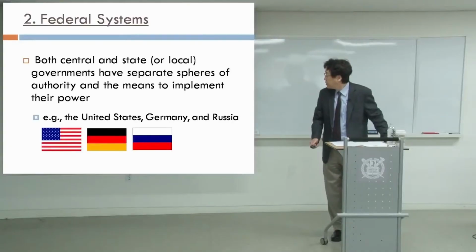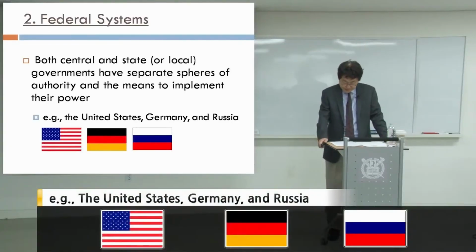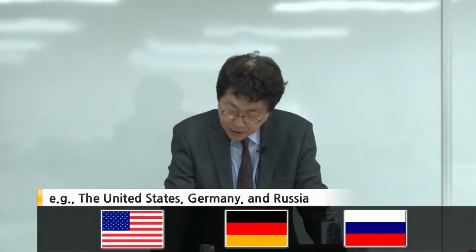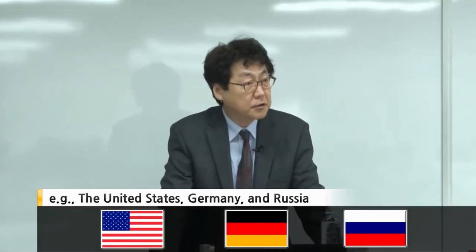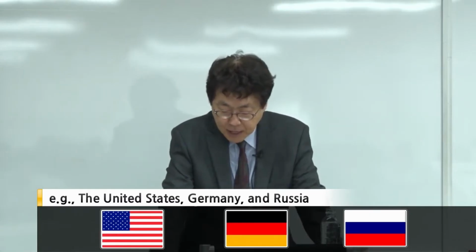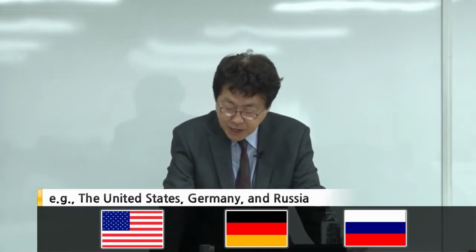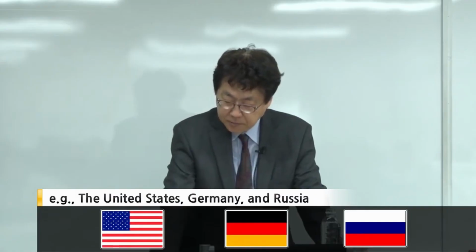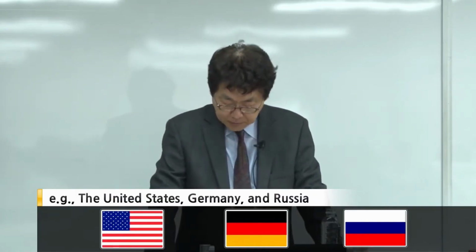And they can have their own resources and decision-making power. And today, the United States, Germany, and Russia are federal systems, in which central and local units each have authority in particular spheres of public policy.